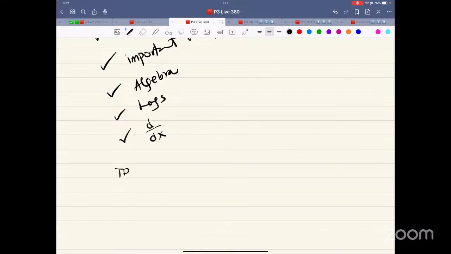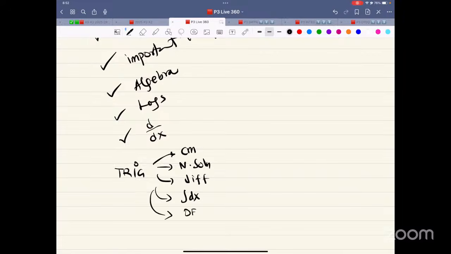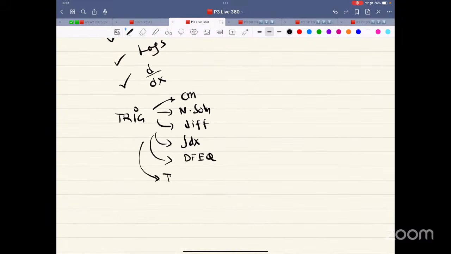Now, whenever a question of trigonometry comes, if it's related with circular measure, numerical solution, differentiation, or integration, the word problem of integration is called differential equation, and maybe a trig equation or a trig sketch or a trig conceptual question.